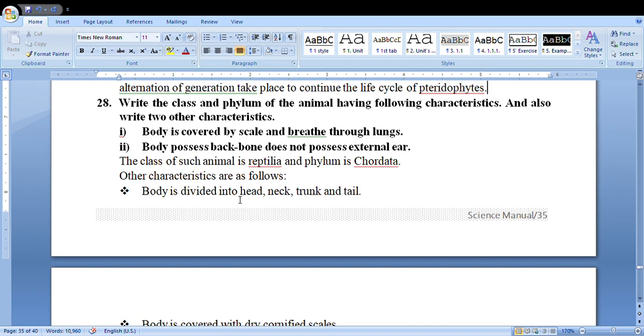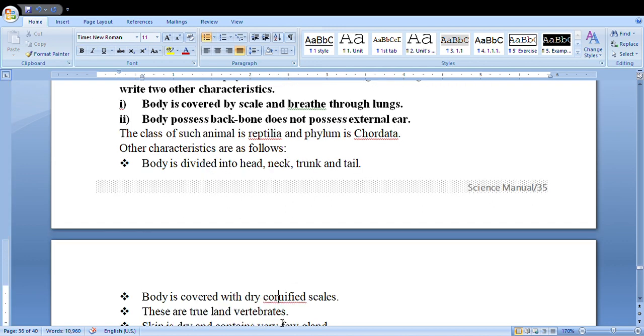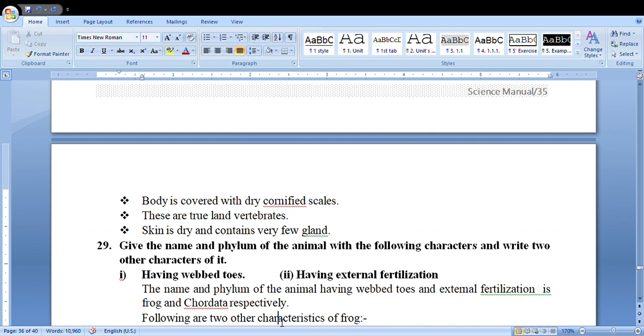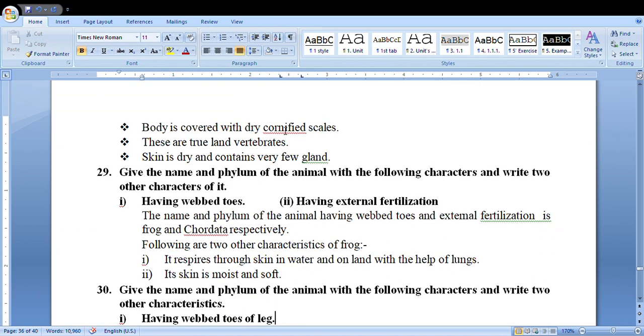Other characteristics: body is divided into head, neck, trunk and tail. Body is covered with dry and cornified scales. These are true land vertebrates and so on.